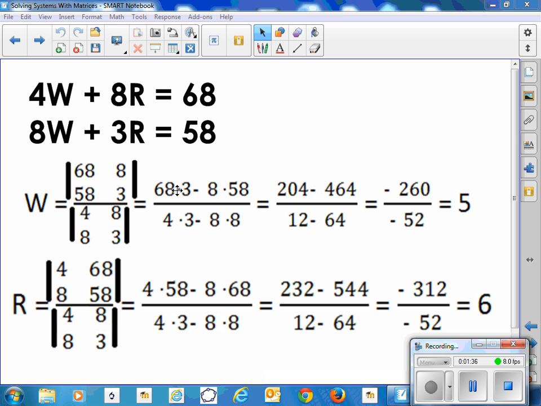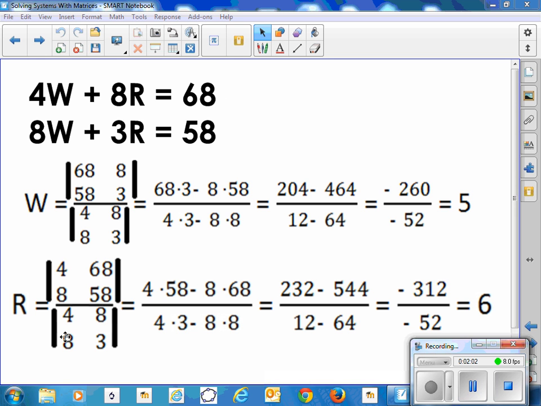Anyways, if I go ahead and multiply, subtract, and then divide, that gives me the value of 5 for Windows, or W. And now, solving for R, I replace the coefficients of R with the values on the right.